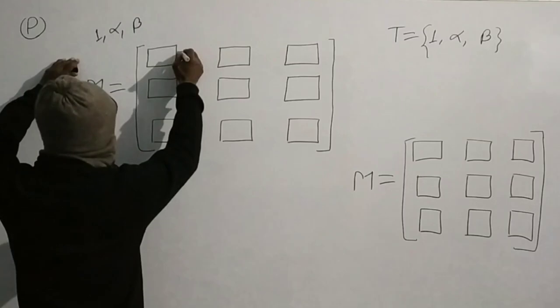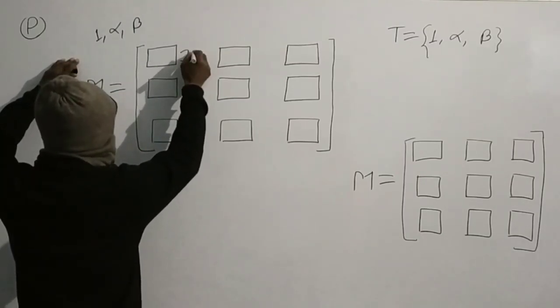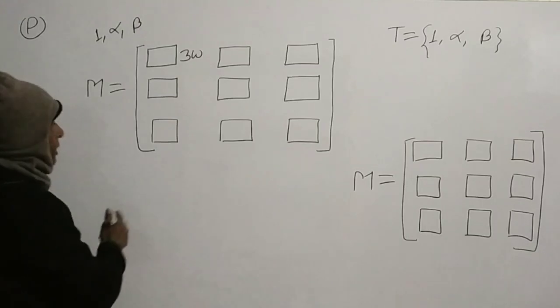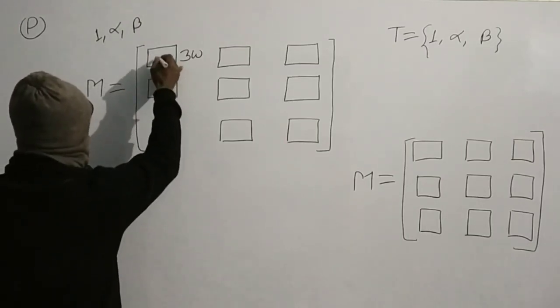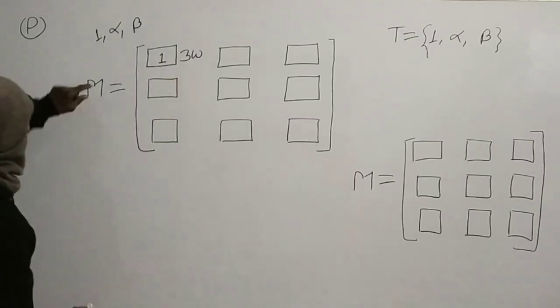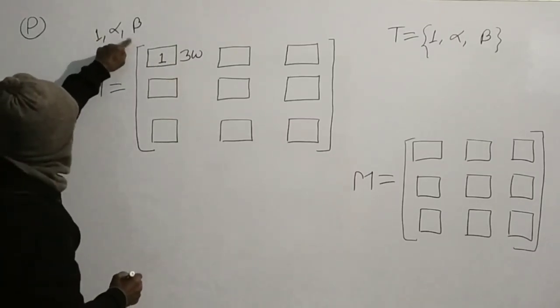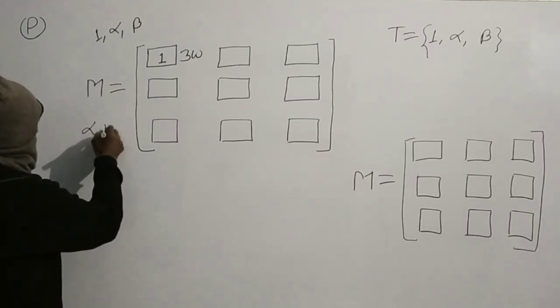Therefore, the number of ways to fill this vacant place is 3 ways. Suppose we fill this in any one way by 1. Now there are left alpha and beta.